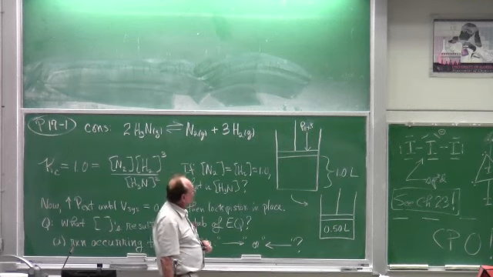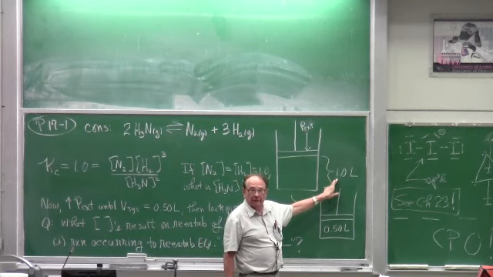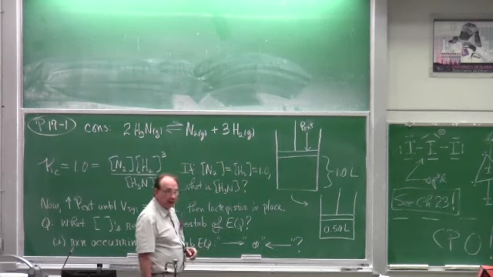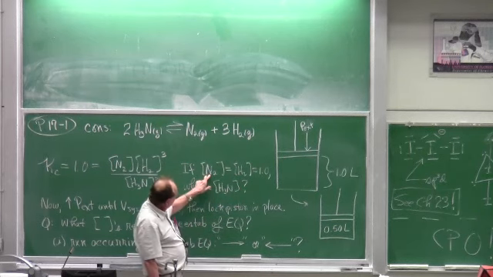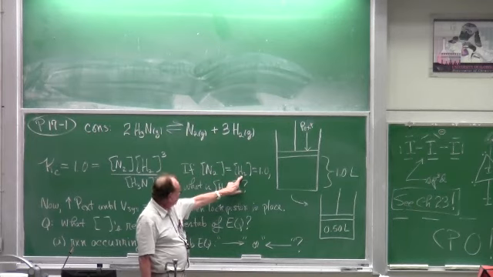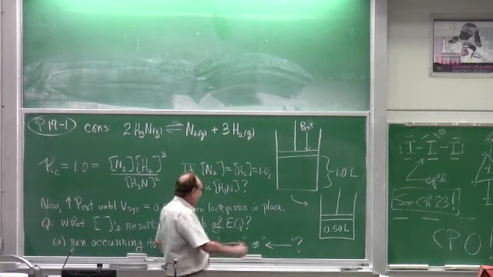If I stipulate that in the piston cylinder gadget, with a total volume of 1.0 liters, there is a molar concentration of nitrogen of 1.0, molar concentration of hydrogen of 1.0. What's the molar concentration of ammonia? 1.0. How about that?